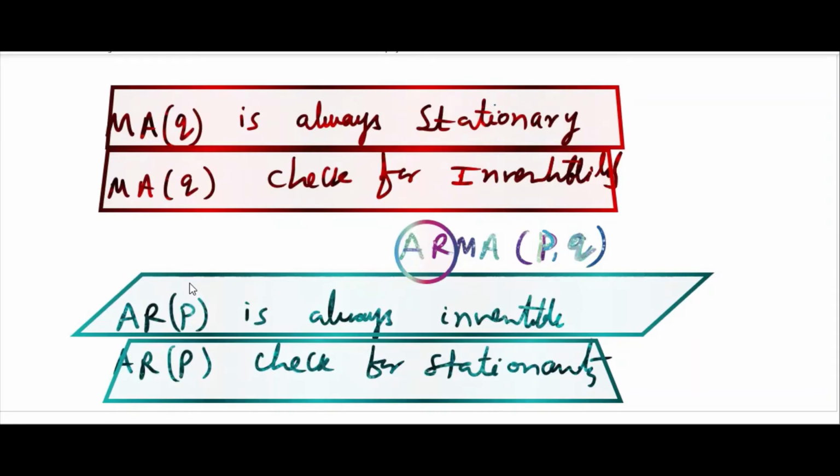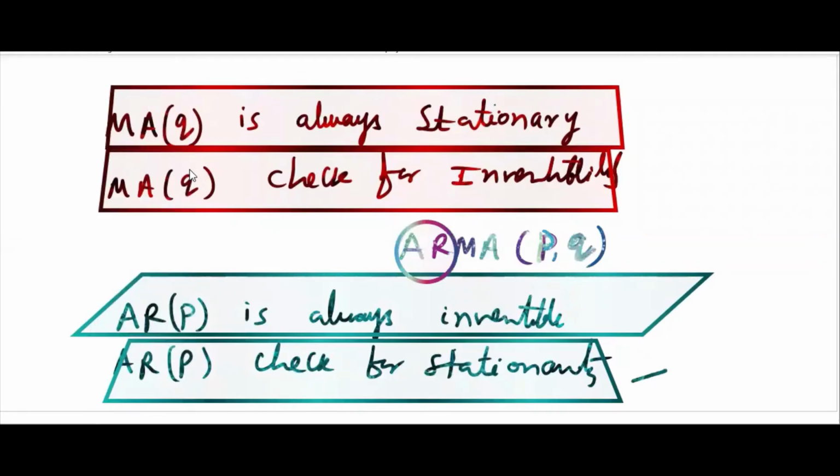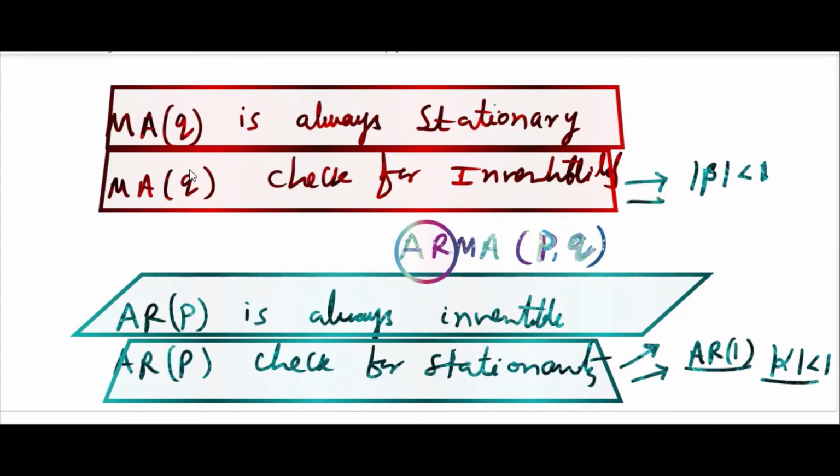But remember, for whatever method we used to check stationarity, in AR1, if you remember, the condition was mod alpha less than 1. The same kind of condition will come here in MAQ. So when you check for invertibility, mod beta or beta 1 should be less than 1. We don't derive these conditions here; similar conditions exist to check invertibility of the MAQ process.